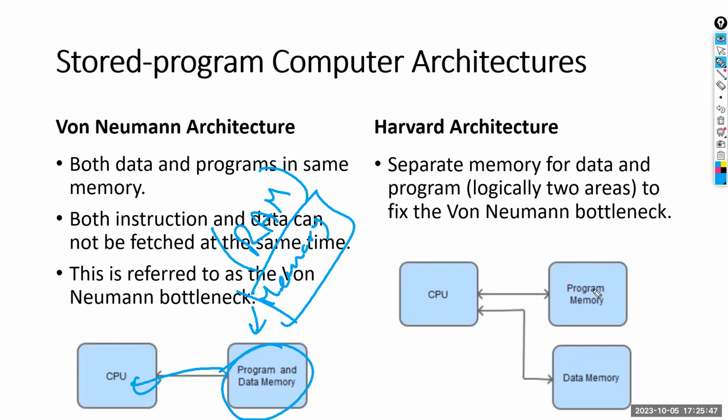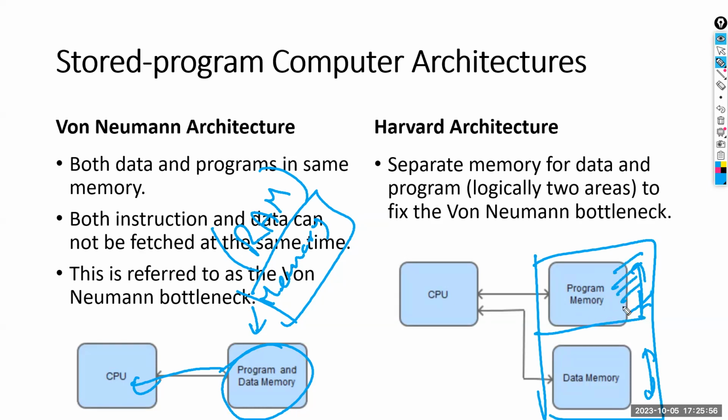Then with the Harvard architecture, they further refined it. They thought we want to separate the program and data, rather than keeping them mixed in the same memory: a separate area for keeping the programs and a separate area to keep the data. Later, when we look at computer architecture, you will learn that in modern computers it's the same RAM, the same hardware, but some ranges of memory addresses are allocated for programs and different address ranges are allocated to data.